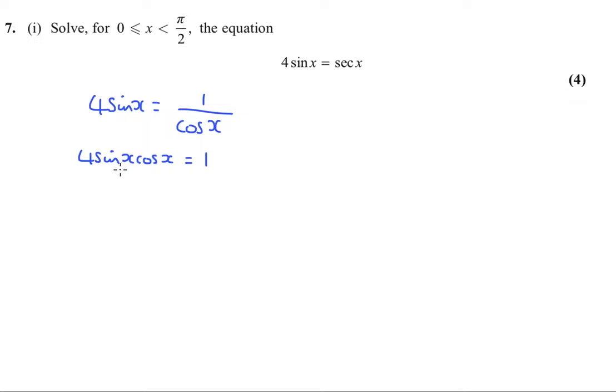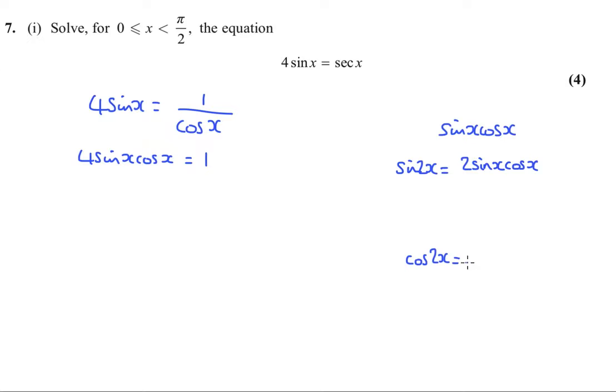Now that's not particularly easy to solve. You've got to spot something, and you should always be on the lookout for double angle formulas used backwards. So that's when you've got, especially this one, the sine x cos x. We know that sine 2x is equal to 2 sine x cos x, and we also know the cos ones.